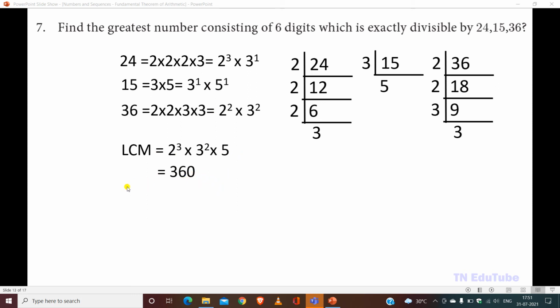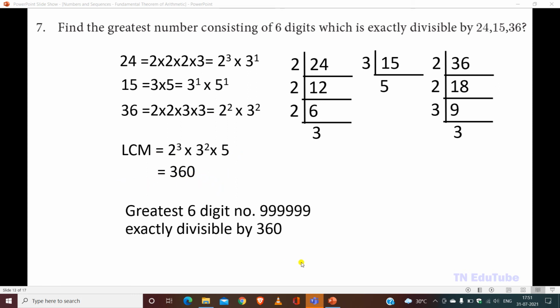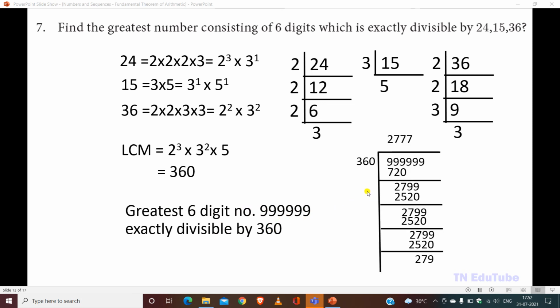360 you get. The greatest 6-digit number, 999999, this one is the greatest 6-digit number. It is exactly divisible by 360 only, we want to find out. So you have to divide the number by this 360.